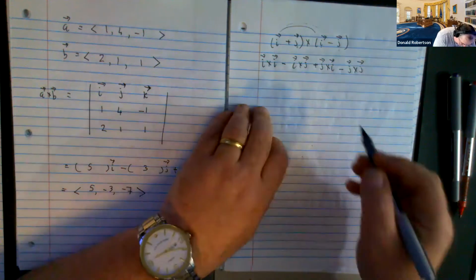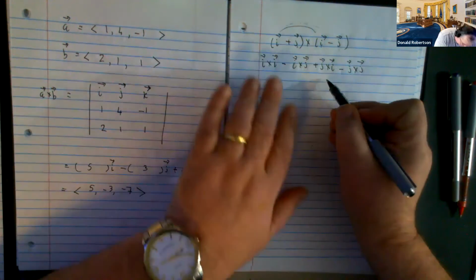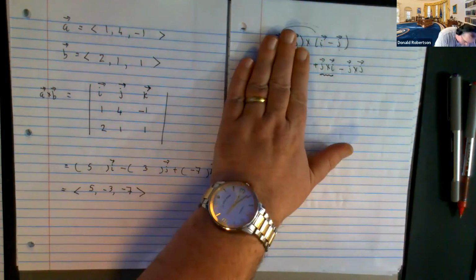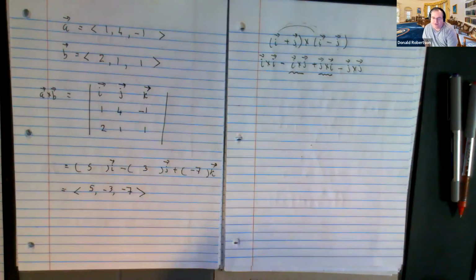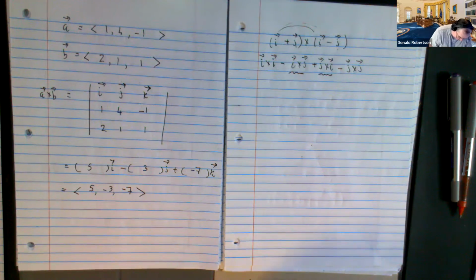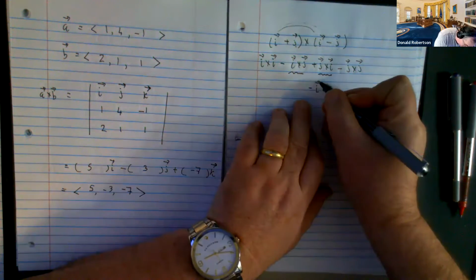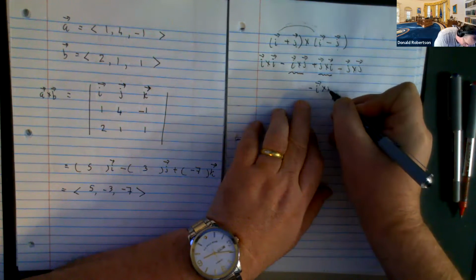Now, this guy here and this guy here are not the same. Do you notice that the order of the cross product is different? I'm going to change this guy here into the negative of i cross j. I decided to go that way.